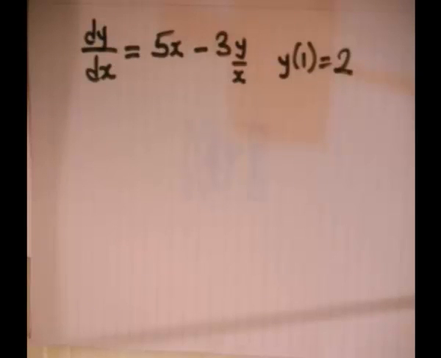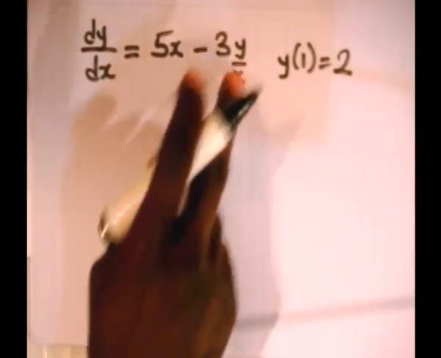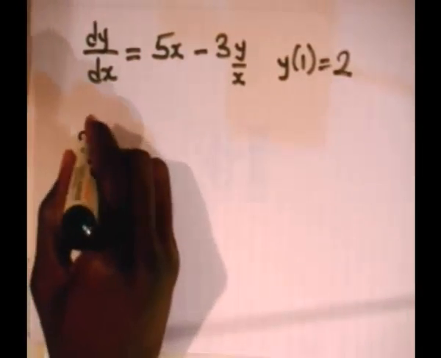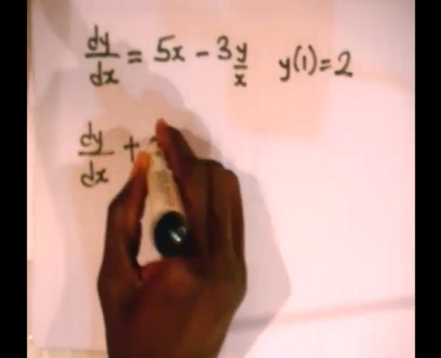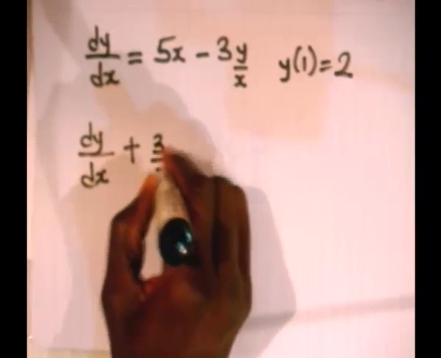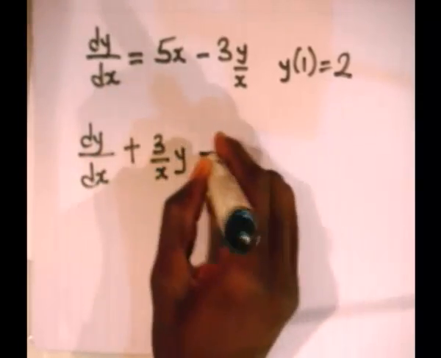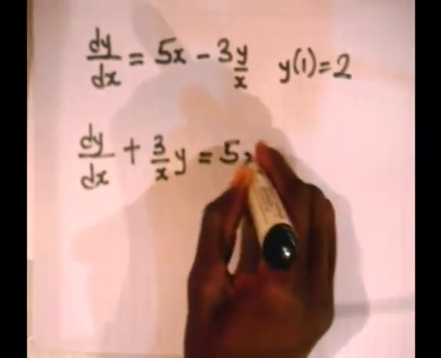This is an equation. You can look at it very well. You can make it assume the form of a linear differential equation, a linear ODE. How do I mean? This is a term containing our y, so take it to this side. So we have dy/dx plus 3 on x y equals 5x.